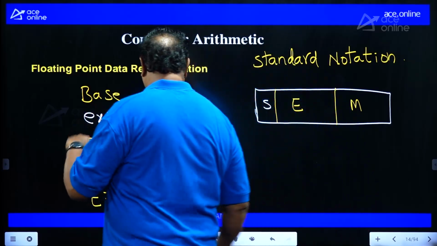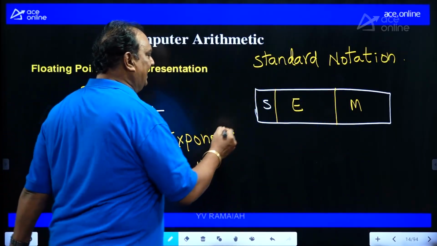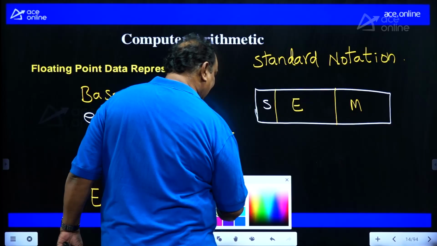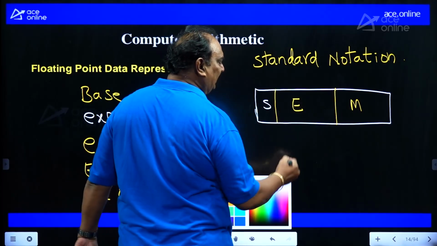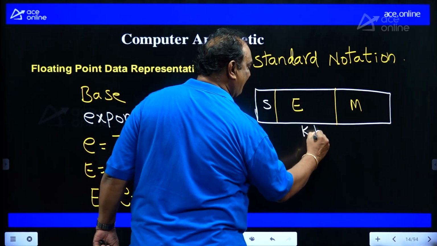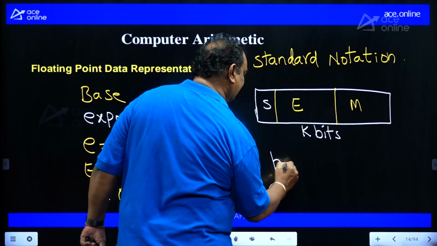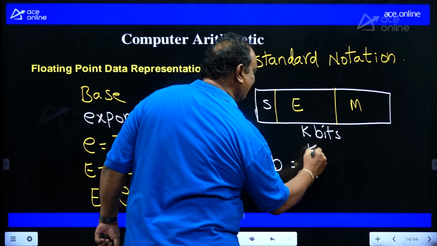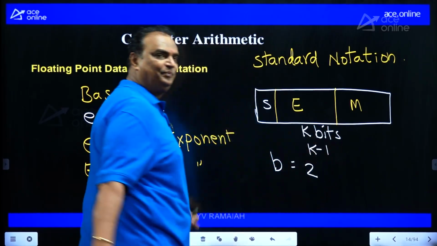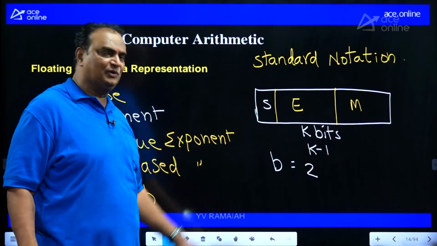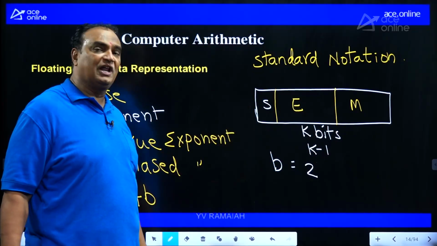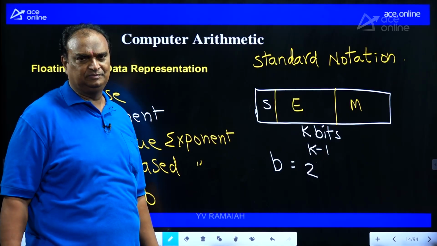Okay. What is the amount to be biased here? Let the size of the exponent field be k bits. Generally, the biasing value is nothing but 2 power k minus 1, that is, 2 power (k minus 1). Okay.